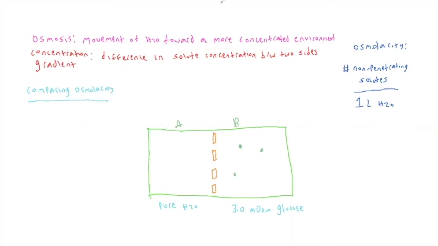Now the first term is going to be hypoosmotic. This side has less solutes. Now we also have a term called hyperosmotic. And as you imagine, that means more solutes.